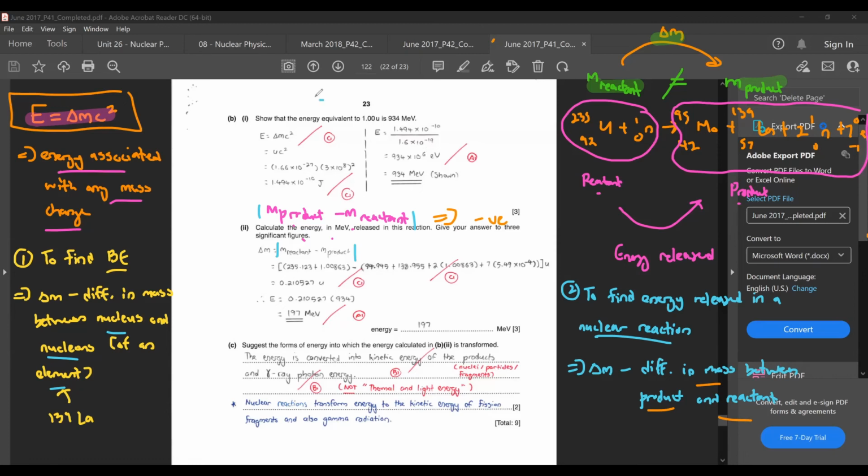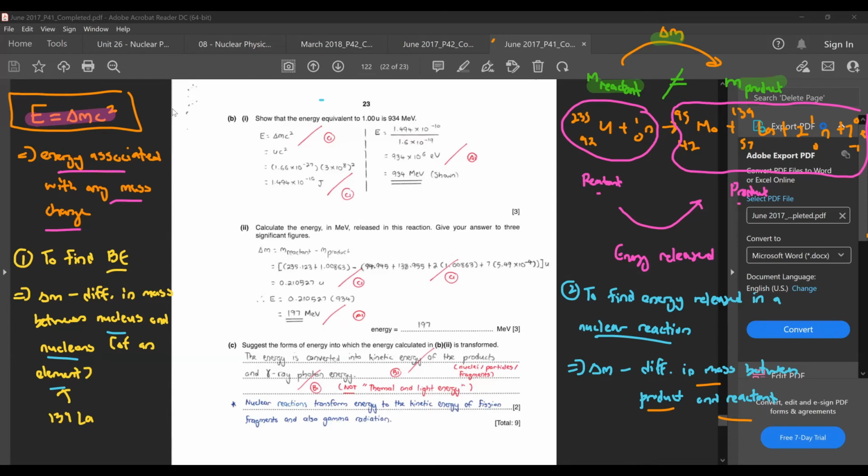So it can be mass of reactant minus mass of product, or mass of product minus mass of reactant. If you don't want to bother about the negative, you just put a modulus sign. Right, so that one should be it.